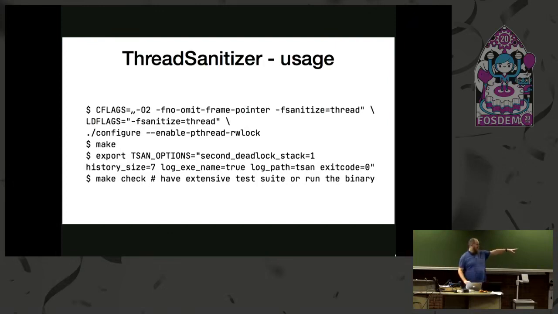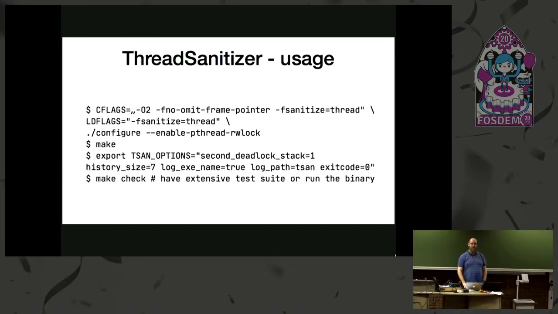Exit code again means, usually it exits with exit code 66, but if you are running a test suite, you usually don't want to stop the test suite because it failed. So there are some options like this. Then you run a test suite.